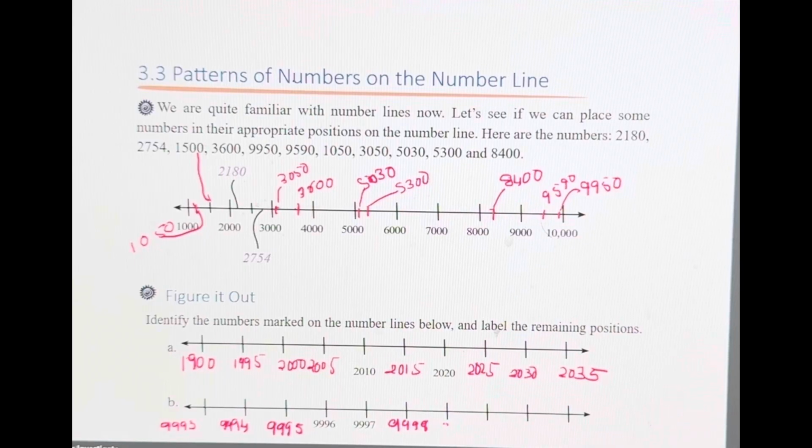Here this will be 9999. After 9999, it would be a 5-digit number, so that is 10,000. There is less space, so I am writing the number above it. So this is going to be 10,001, and this I'll write below, 10,002.